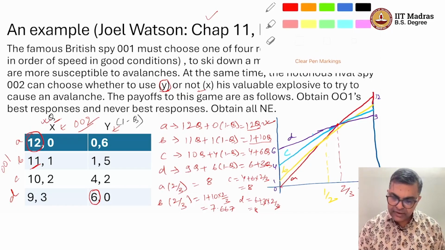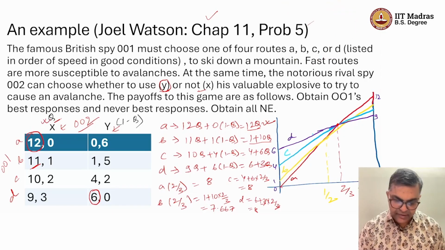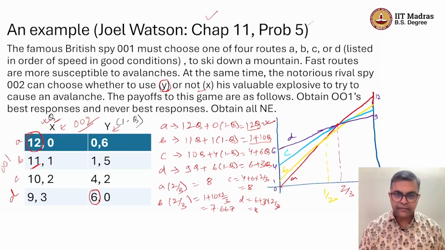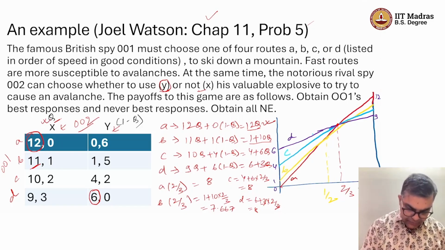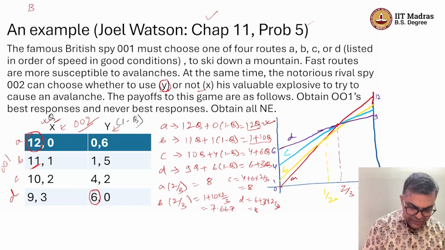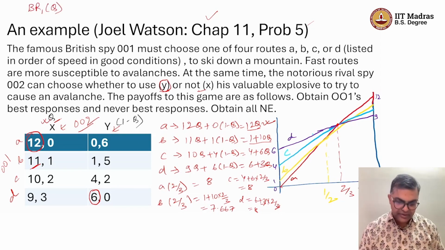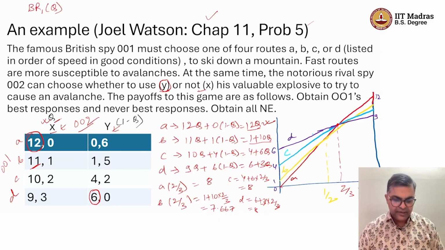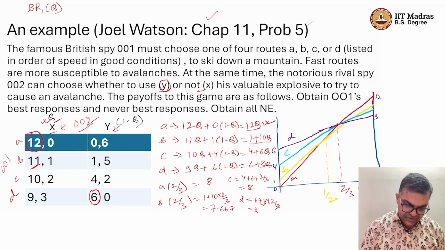Okay, so we can take it further, we can write here, because it's a good idea, every time we will have to come back. Let us get the best response of player 1 against player 2 playing Q. What does it mean? That player 2 is playing X Q percentage of the time and Y 1 minus Q percentage of the time.